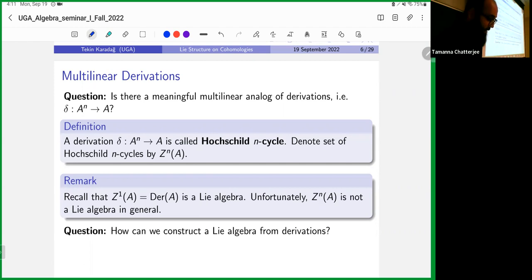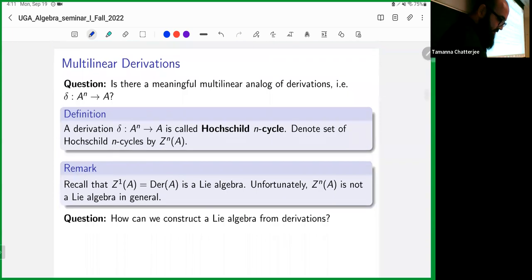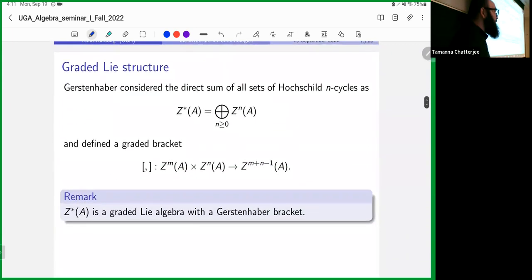So we take the direct sum of all of them when n is greater than 0, and then we define a bracket by taking an element in degree m and a derivation in degree n, and sending it to degree m plus n minus 1. I will give the explicit definition later, but this is the idea.